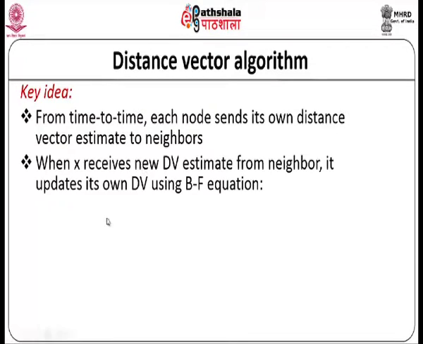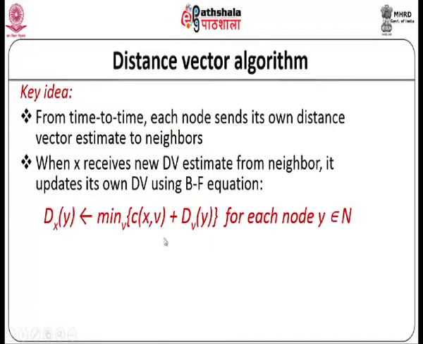When x receives a new distance vector estimate from a neighbor, it will update its own distance vector using the Bellman-Ford equation, which is just what we saw: minimum of c of x comma v plus dv of y for each node that you have. So, for each node, as it gets new information, it updates its vector.